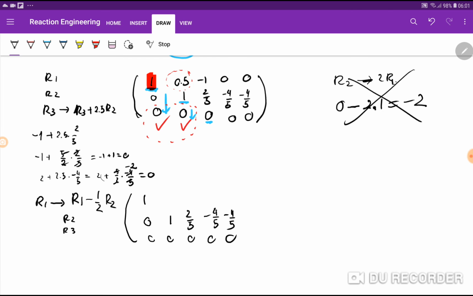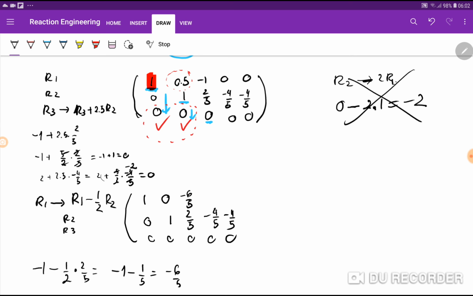This is the correct form. So 1 minus 1/2 times 0 is 1. 0.5 times minus 1/2 times 1 is 0. -5. Okay, minus 1/2 times 2/5 is -5 plus negative 1 minus 1/5 equals -6/5.